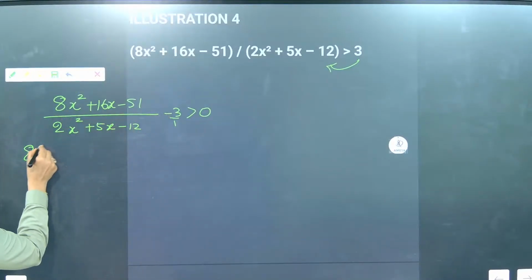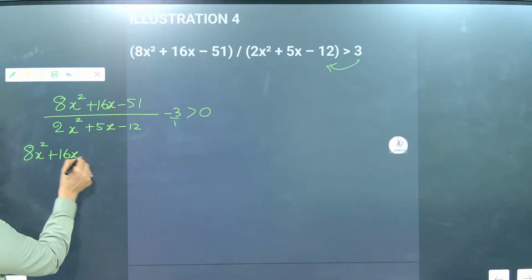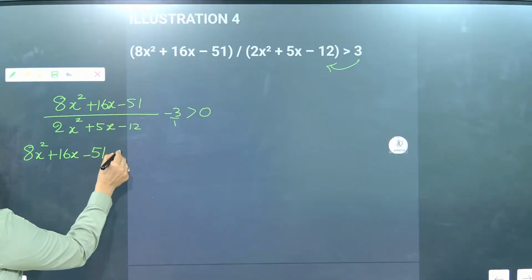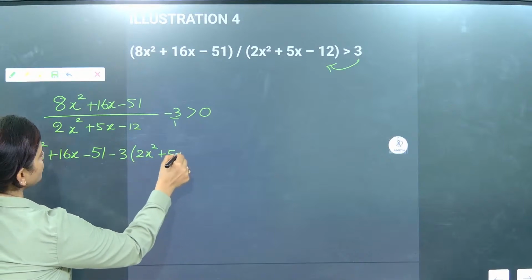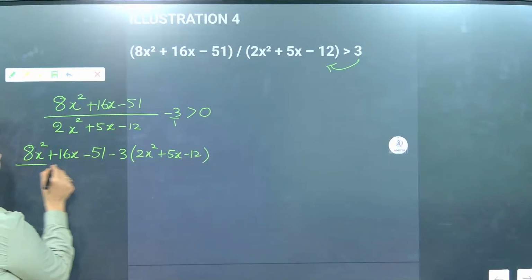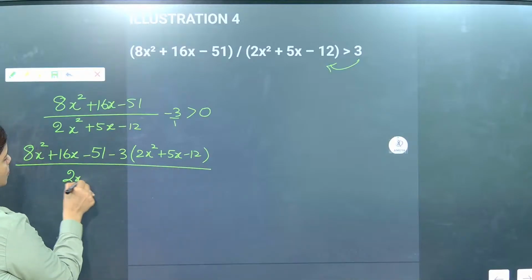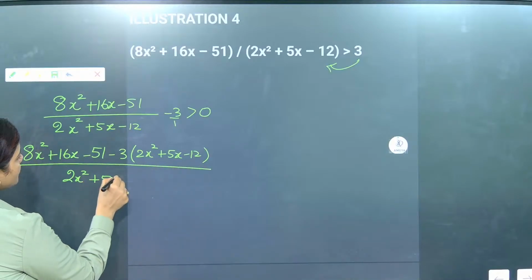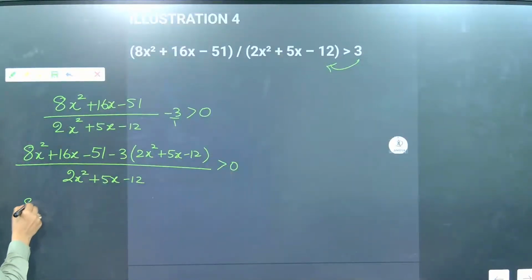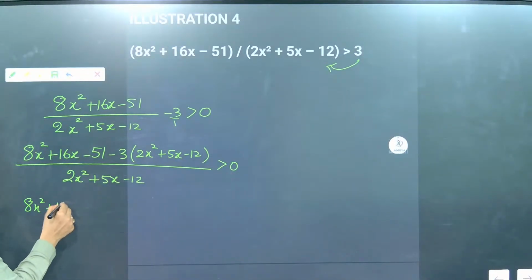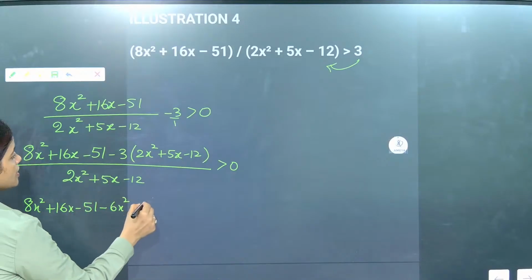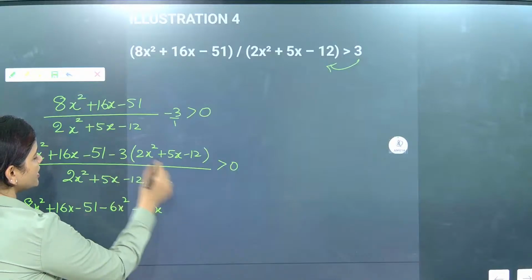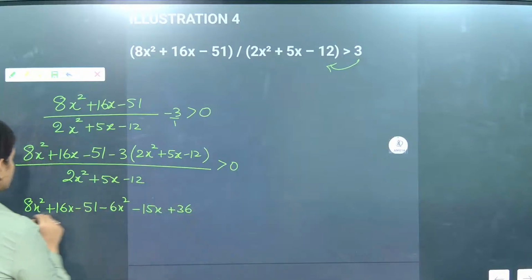Leave 8x square as it is. 8x square plus 16x minus 51 minus 3 times 2x square plus 5x minus 12, over 2x square plus 5x minus 12, greater than 0. Now multiply: 8x square plus 16x minus 51 minus 6x square minus 15x plus 36.